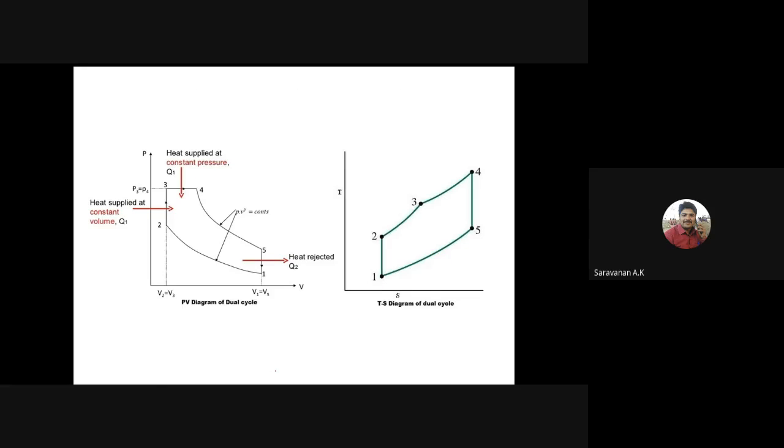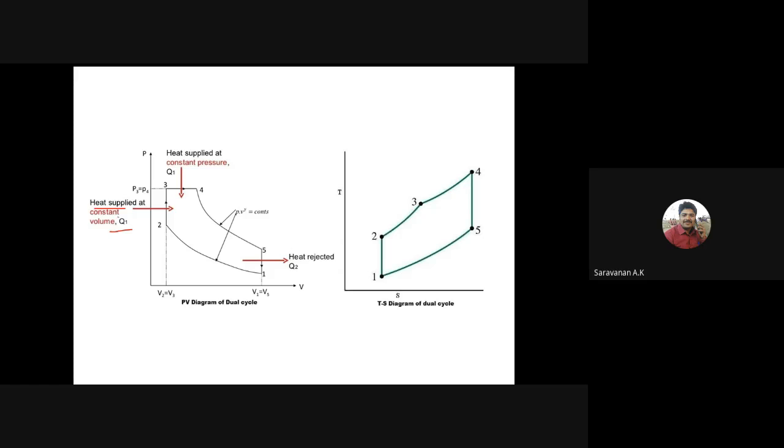So this is the PV diagram and TS diagram for the dual combustion cycle. Process 1 to 2 is adiabatic compression, and process 2 to 3 is a heat supply, the heat addition process partially at constant volume, that is Q1.